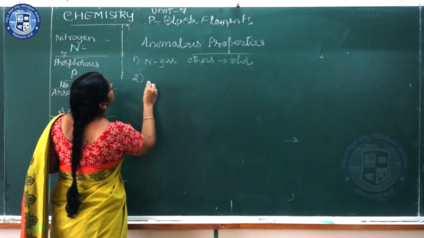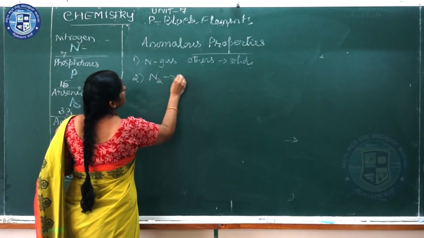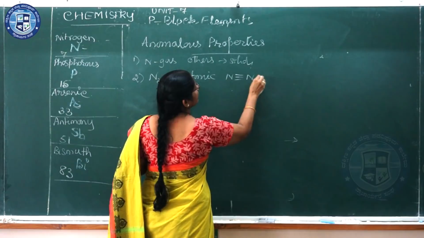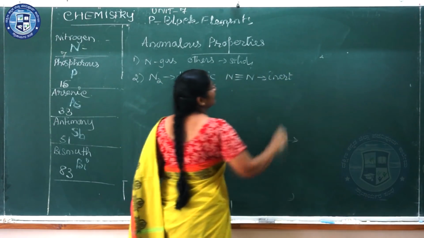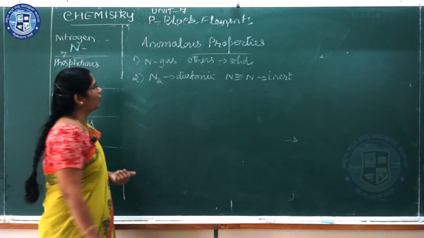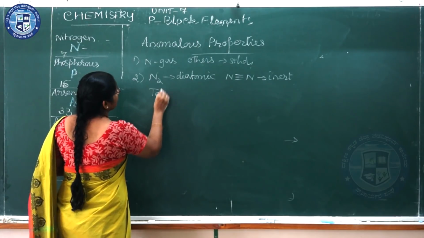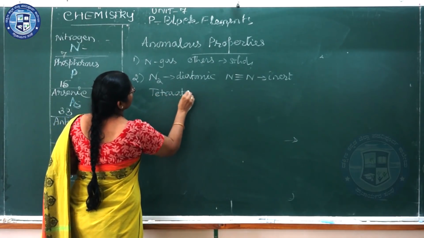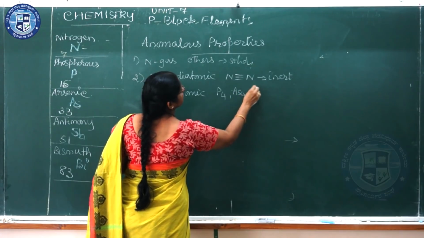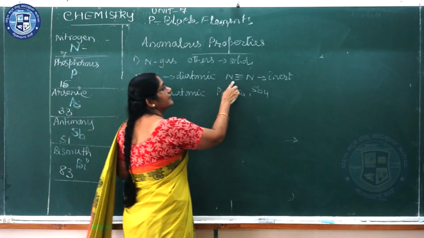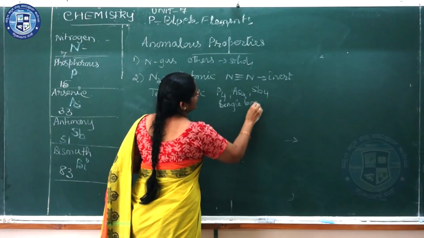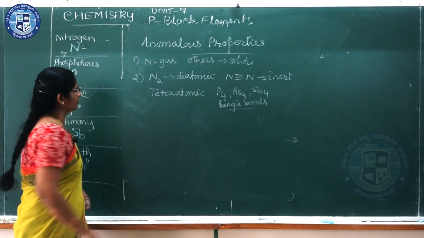Two, nitrogen exists as a diatomic molecule with a triple bond between this and it's highly inert, very high bond enthalpy 941.4 kilojoules per mole, whereas other elements except bismuth, they are tetraatomic molecules, where here there is a triple bond, all these have only single bonds between their atoms. So this is another difference.